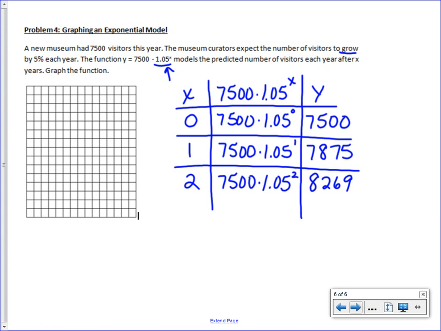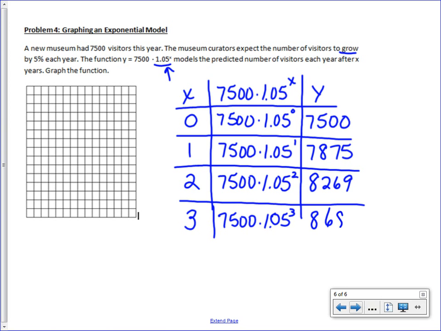All right, let's do just a couple more. Let's go 3 years. 7,500 times 1.05 raised to the 3rd power. And we get 8,682, again needing to round it. All right.